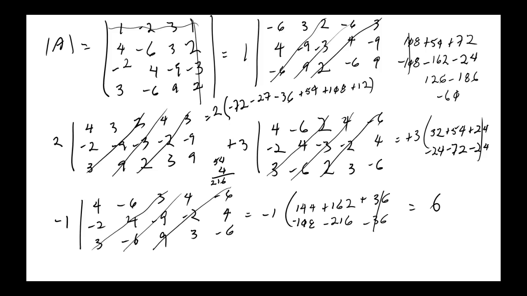I'm not sure I did it right anyway, because that last one, let me see what I got. I got 306 minus 324, and that is minus 18, I think.